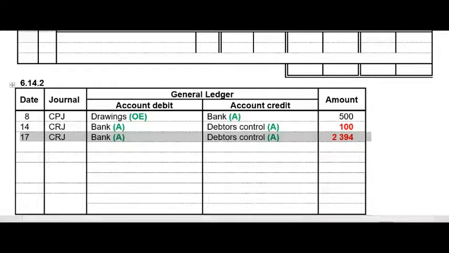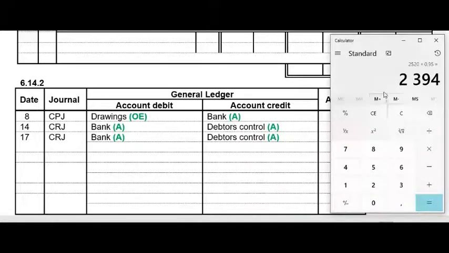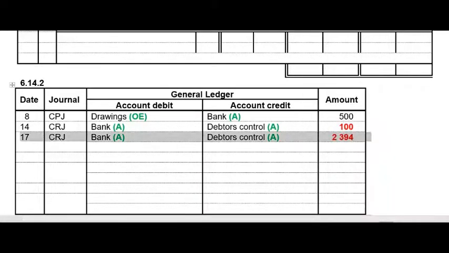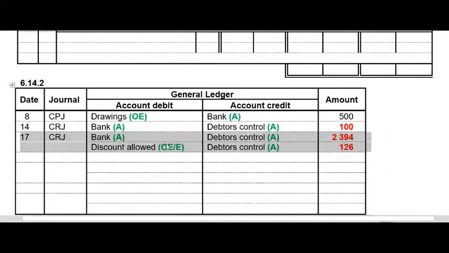The difference, the other 5%, okay, so you can just say 2,520 minus 2,394, that 126 Rand will be allowed as discount, also in the CRJ. So discount allowed will be debited, debtors control will be credited with 126 Rand.